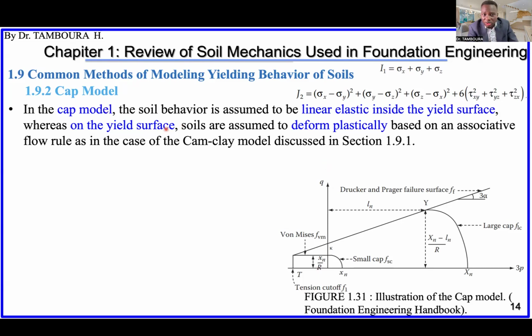And in this cap model, the soil behavior is assumed to be linear elastic inside the yield surface. But on the yield surface, the soil is assumed to deform plastically based on, of course, an associated flow rule.